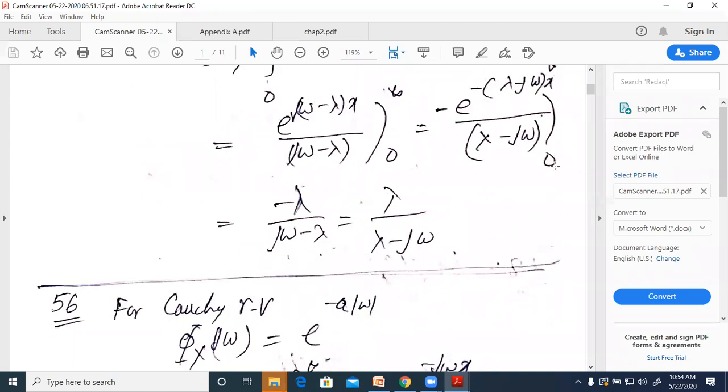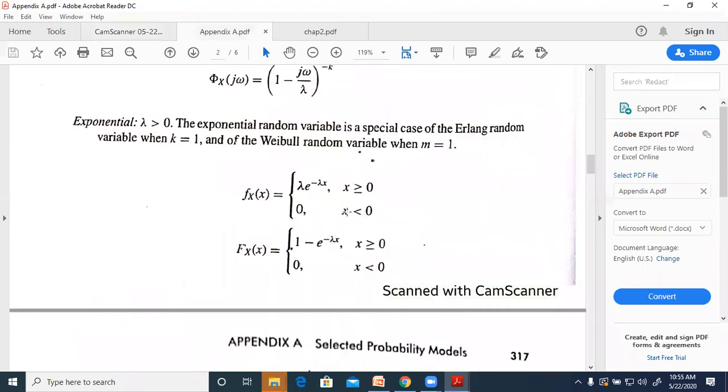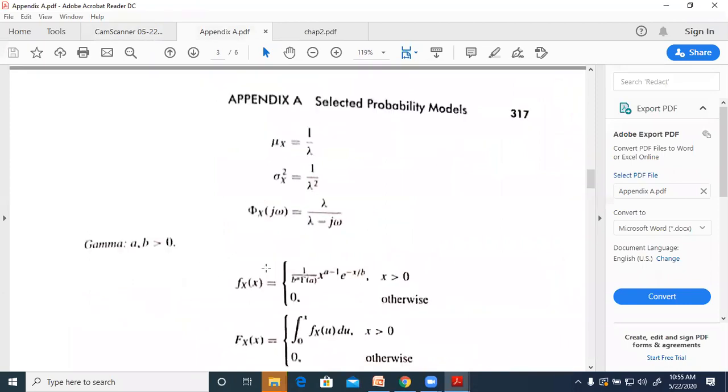If you substitute the lower limit 0, then you will get the value 1. So only the lower limit survives, which turns out to be minus of minus lambda, divided by lambda minus j omega, and this is the value. And that is the one which we have in the appendix, right? So given this, we have found this. That's the solution.